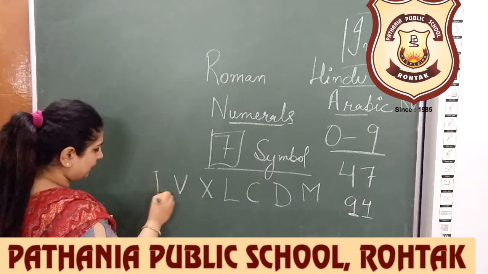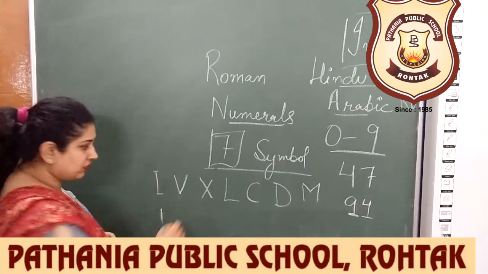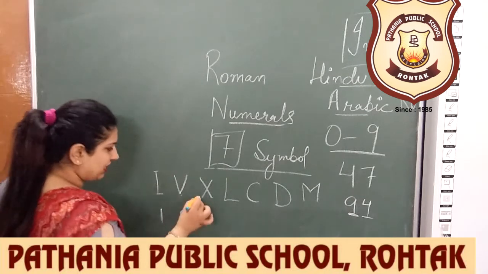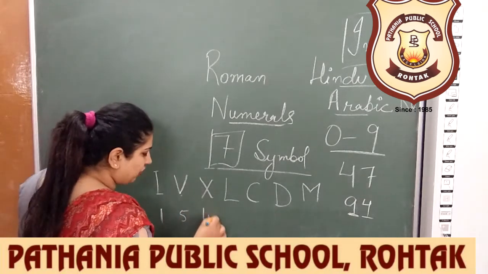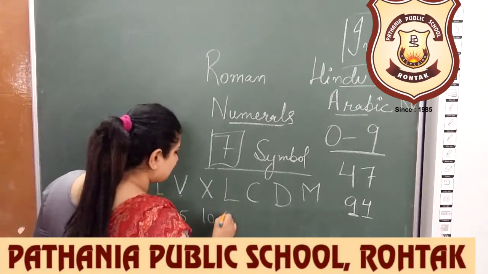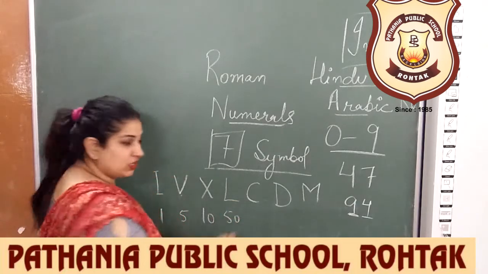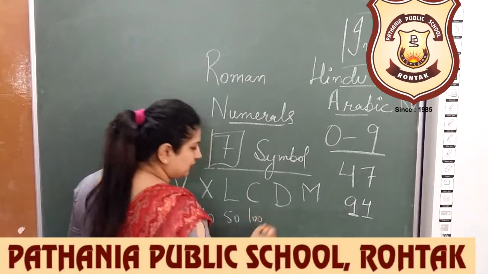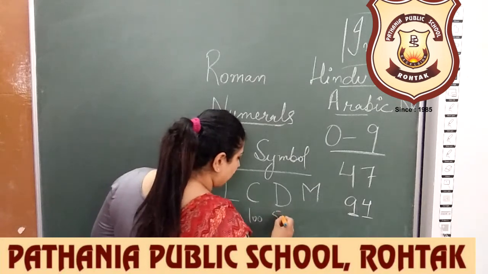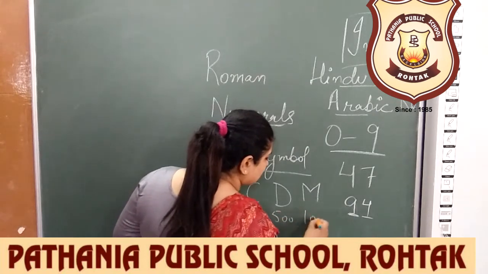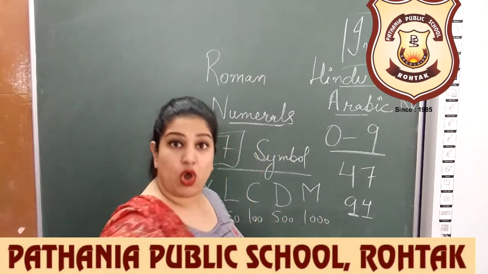I stands for 1, V stands for 5, X stands for 10, L stands for 50, C stands for 100, D stands for 500, and M stands for 1000.